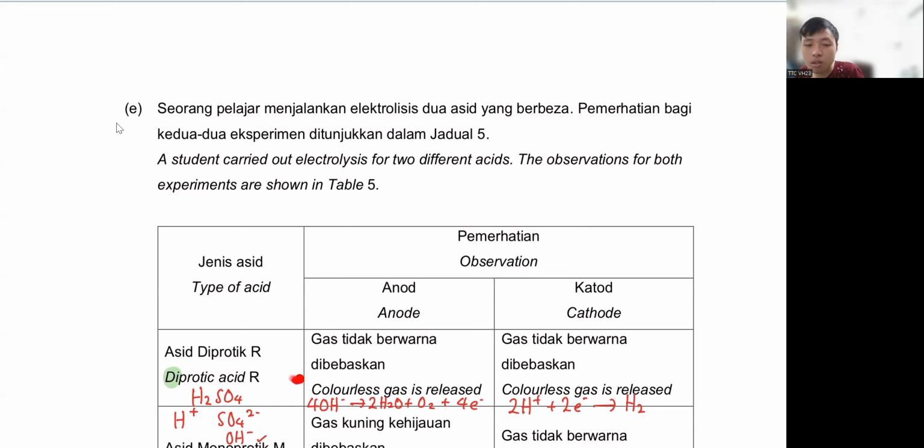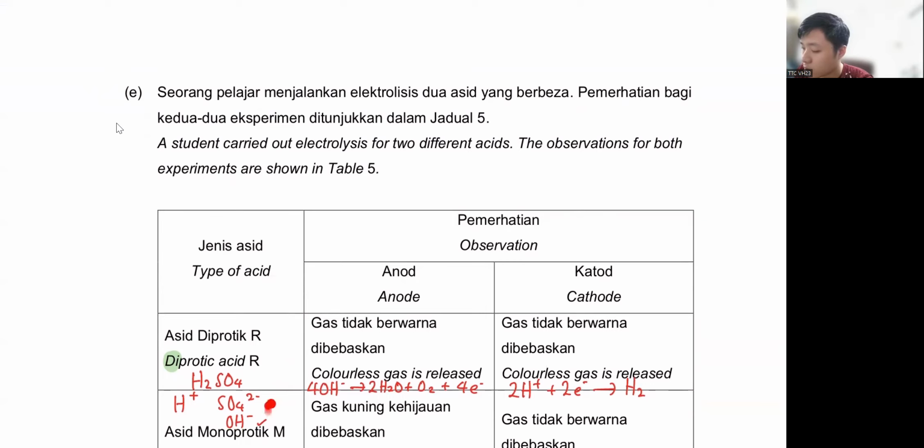So at the anode, OH-. They say colorless gas is released. We choose between SO4 2- and OH-, and we don't choose SO4 2-. We just choose OH-, because it is more negative, by the way.